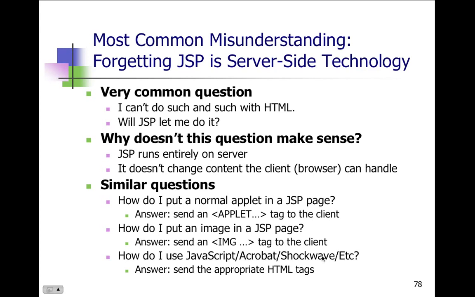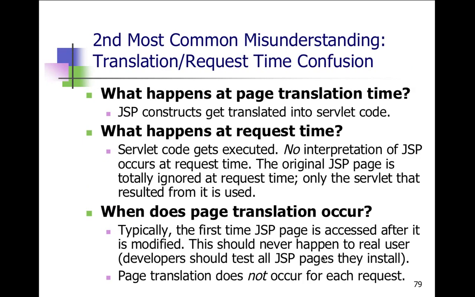It's HTML and Java all in one. So you might want to think of JSP as a hybrid interface to Java. It's a non-bytecode compiled program that you're writing, and you're putting the text and mixing it in with other technologies, which gives us JSP. Second most common misunderstanding is the translation and request time confusion.